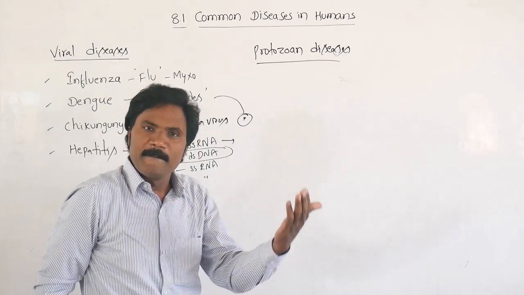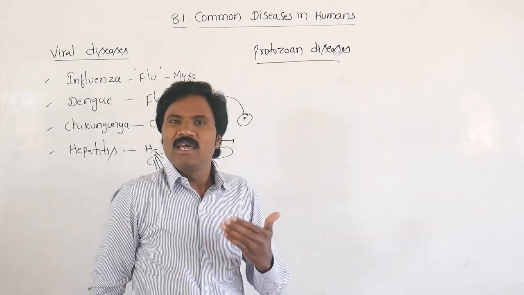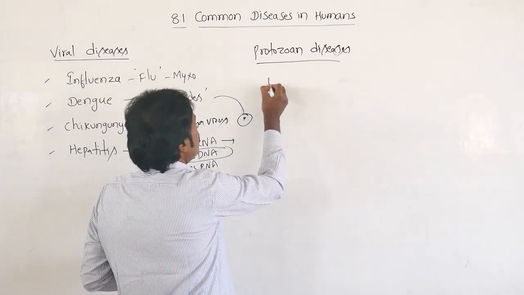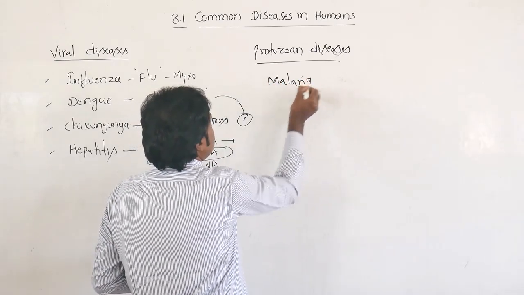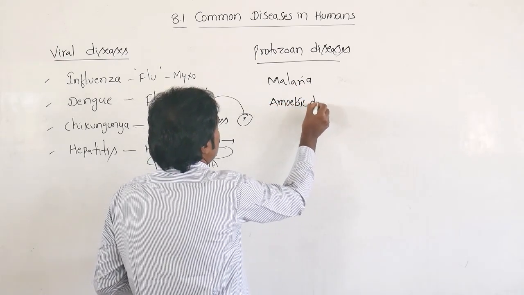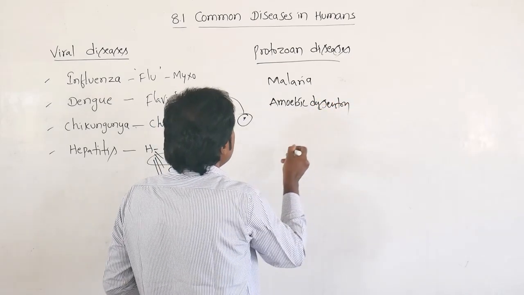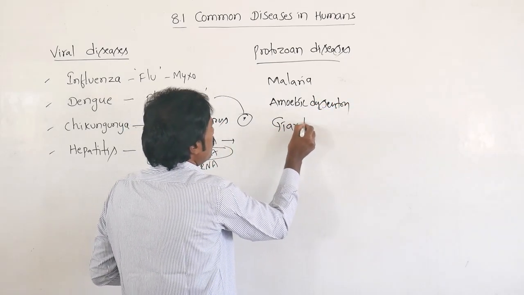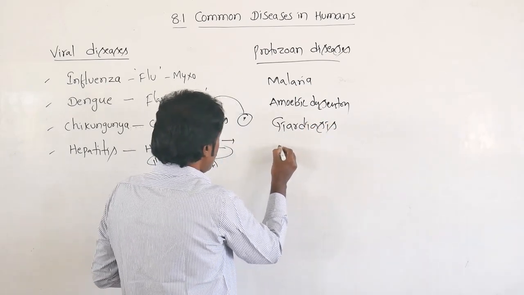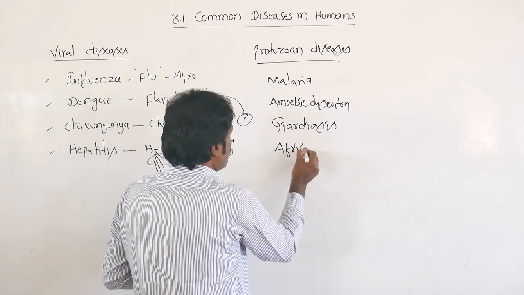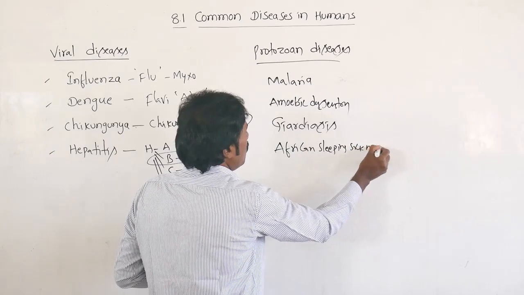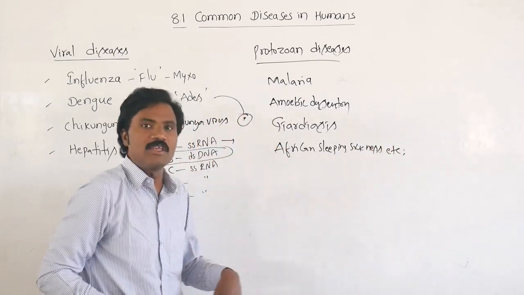Normally present are malaria, amoebic dysentery, giardiasis, then African sleeping sickness, and etc. Many others are also present.